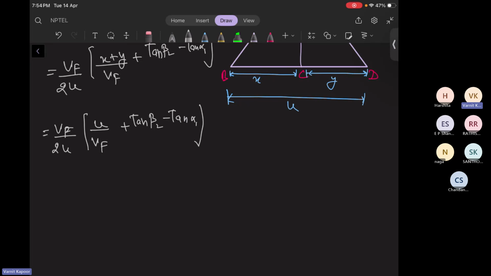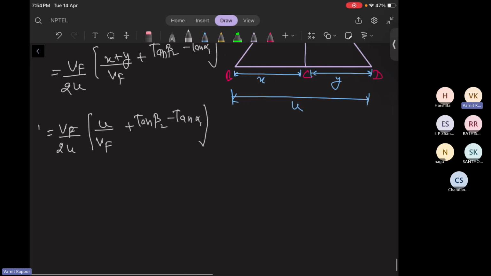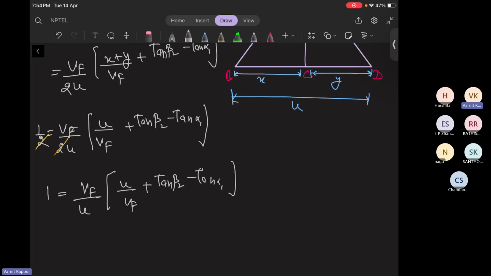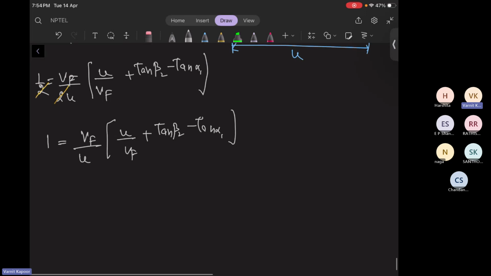Okay. For 50% reaction, you need to keep RD equal to half. So it will be 1 is equal to, this and this term cancel out. So it will be 1 is equal to VF by U times (U by VF plus tan beta 2 minus tan alpha 1). Take this to the left hand side.